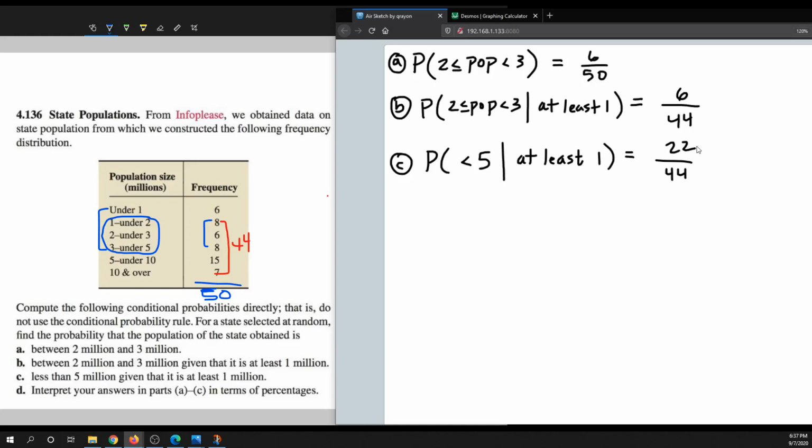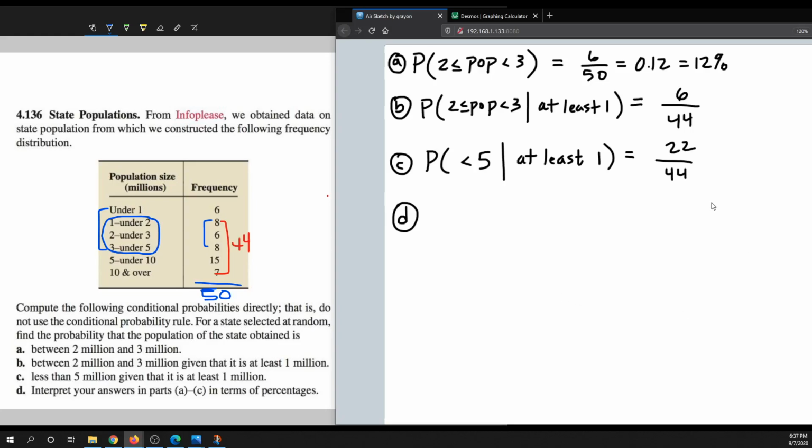All right, next up is part D. In part D, it says, just interpret your answers in part A through C in terms of percentages, right? So that just means convert these. 6 divided by 50 would be 0.12, which would be the same as 12%, right?